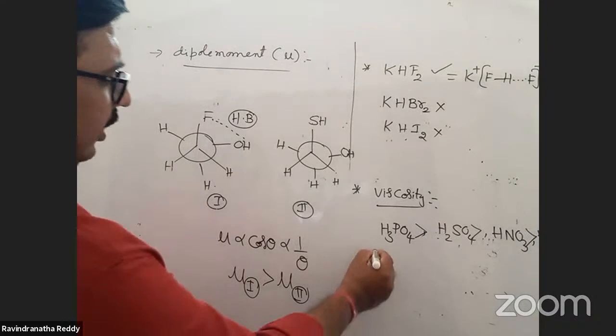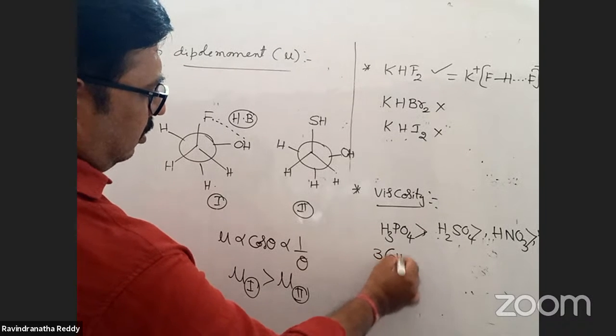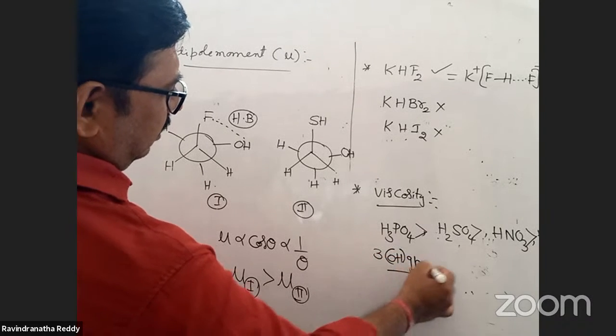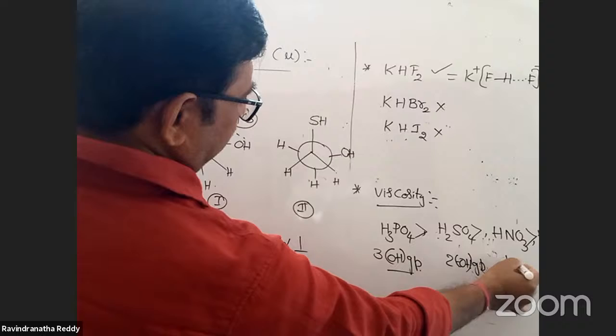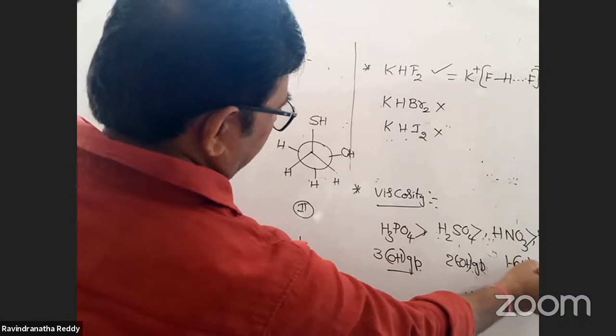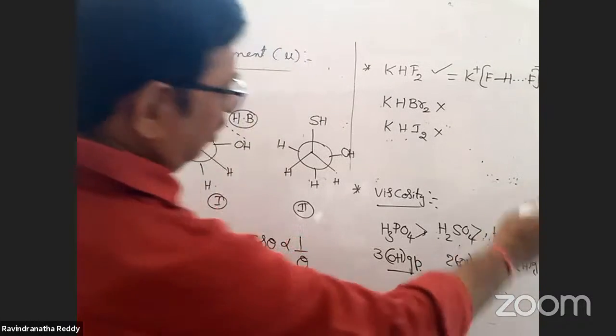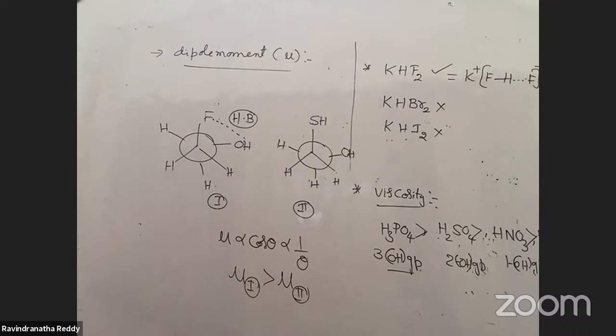As the number of OH groups increases, the number of hydrogen bonds increases, and viscosity increases.